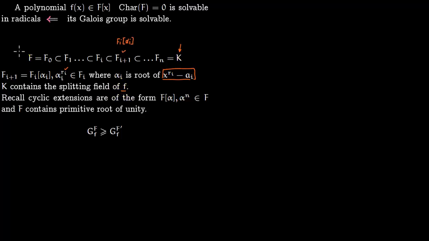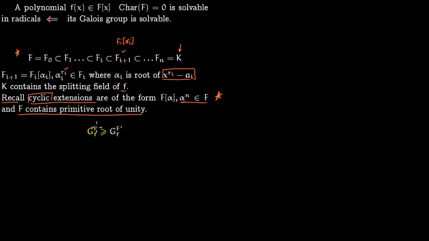So we have to show something like this exists. Again recall that cyclic extensions are of the form F(alpha), alpha to the power of n lies in F, where F contains the primitive root of unity. So this is going to be our lifesaver, because you have these cyclic extensions here, and that is precisely what is going to get transported.